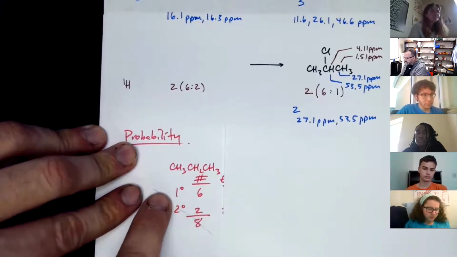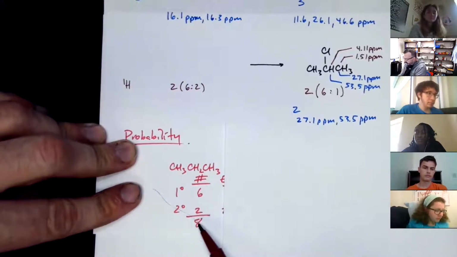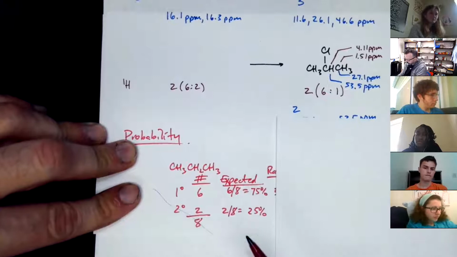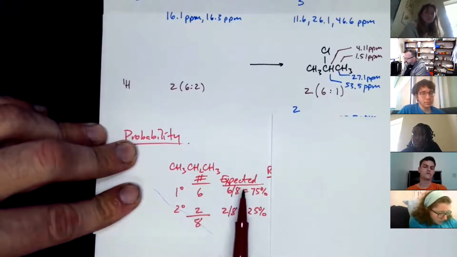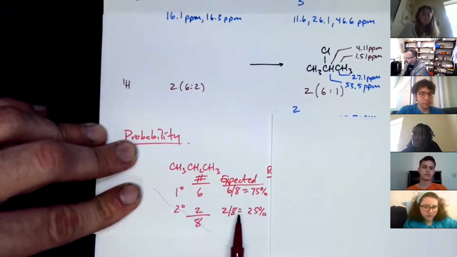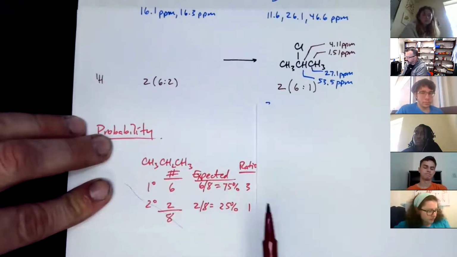We already classified the primary versus secondary. We had 6-to-2 for a total of 8. The contribution of those 6 over 8 is 75. Of the secondary, which are 2 over 8, is 25. That gives you a ratio of 3-to-1.